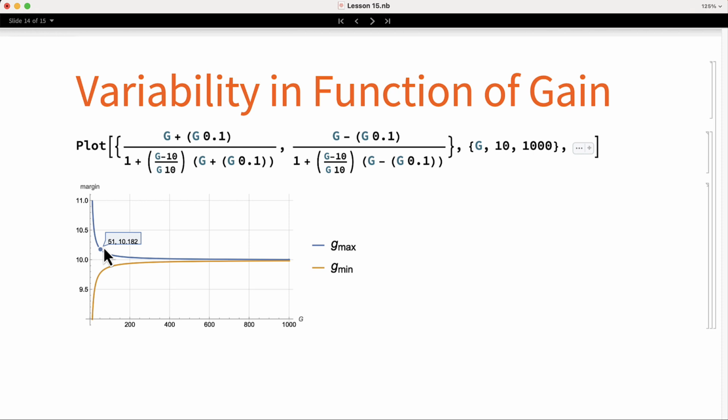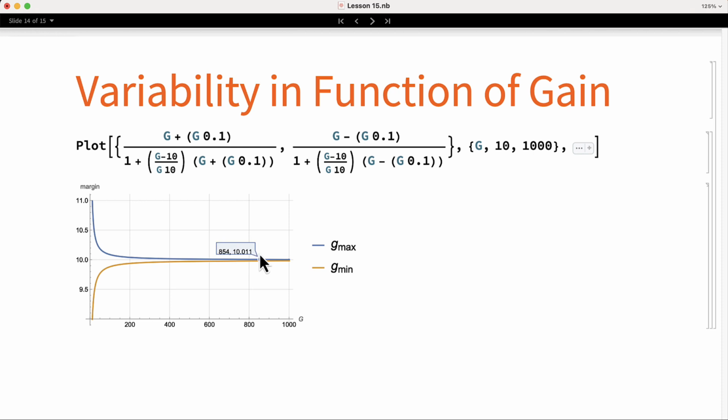For example, if the amplifier has a gain of 20 plus or minus 10%, once we add the feedback to achieve a gain of 10x, the minimum and maximum will be 9.47 and 10.47, which are the values that we calculated before. If the amplifier had a gain of 200 plus or minus 10%, the variability is less than 1%. If we keep increasing the gain of the amplifier, the variability becomes less and less important.